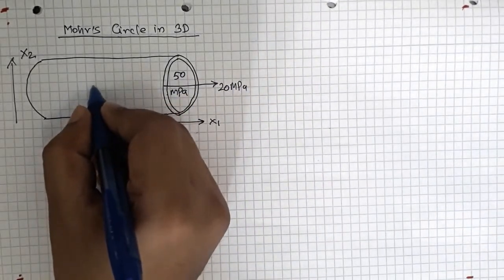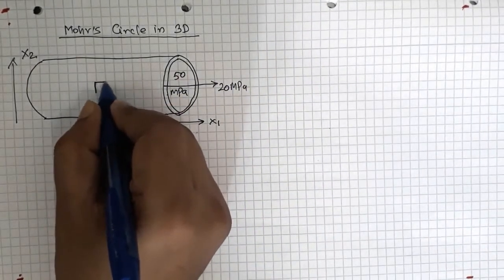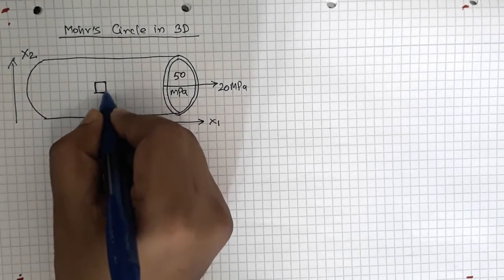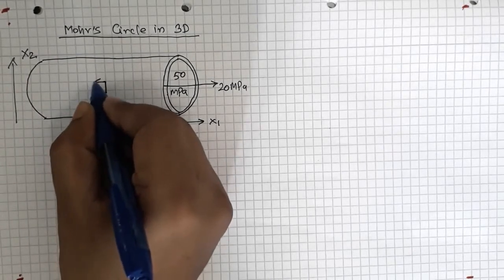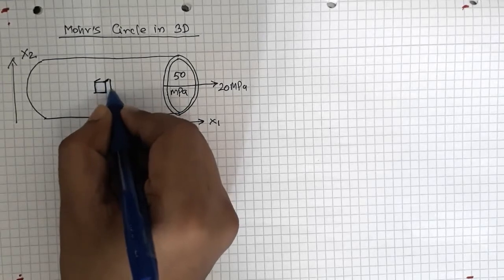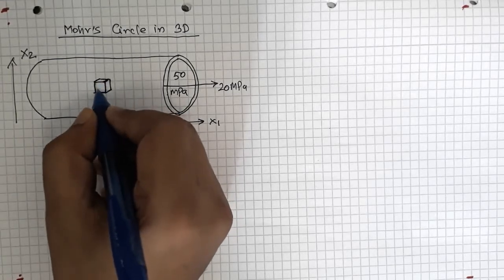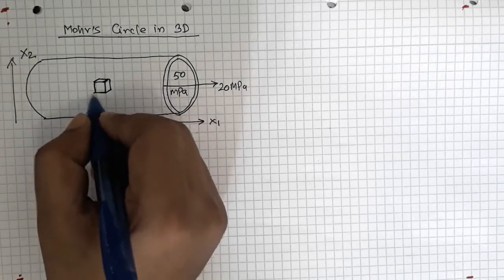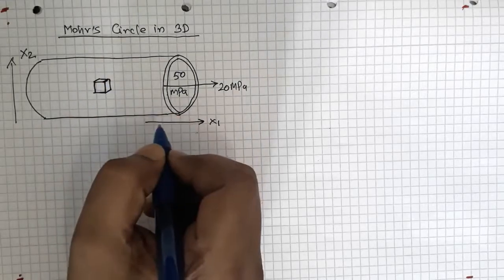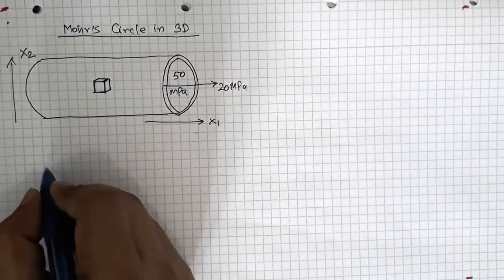Now we take a small stress element here, in 3 dimensions. So this thickness dimension will be of the dimension of thickness, right?